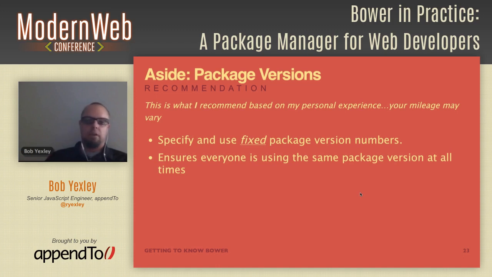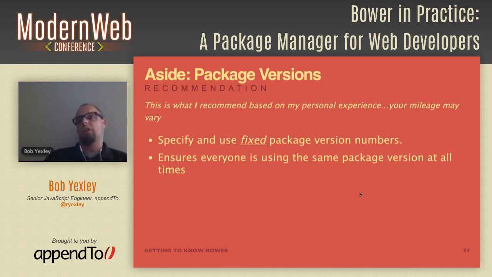Based on that experience, though, this is what I recommend. Your mileage may vary, but I now recommend specifying and using fixed package version numbers in your bower.json file. So figure out what version numbers are available, pick a specific one that you want to use, and make sure that it is set as a fixed version number for that package in your bower.json file.